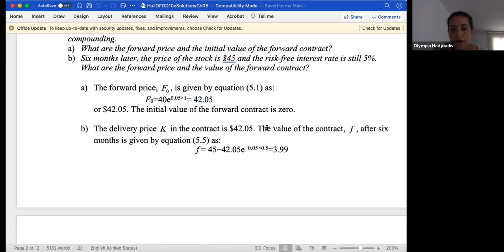The value of the contract after 6 months is going to be S at that time, so $45, minus K, which is 42.05, discounted by e to the minus 0.05 times 0.5. So let's see where this formula comes from.